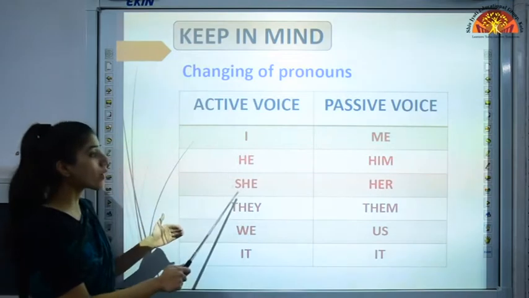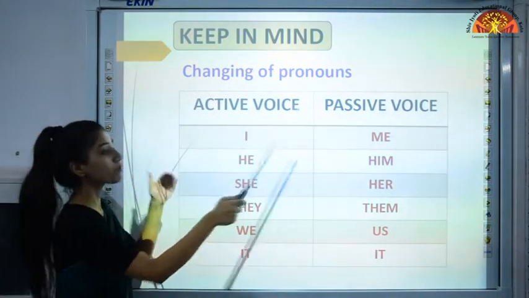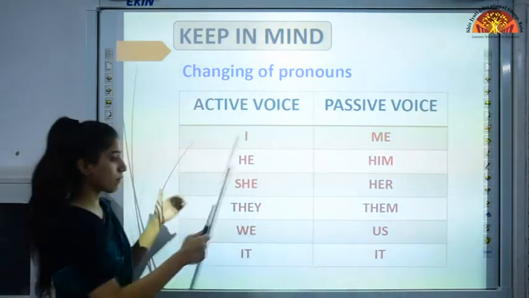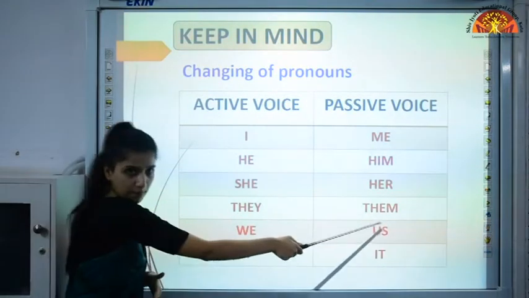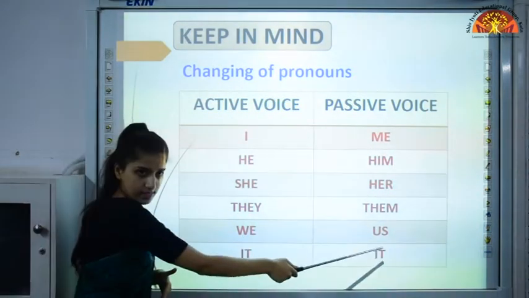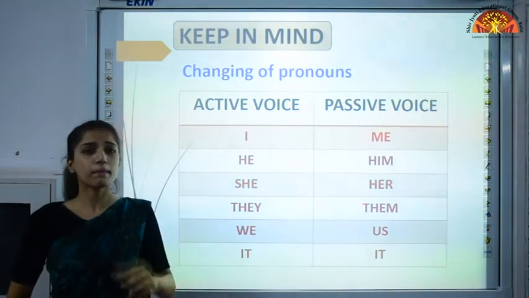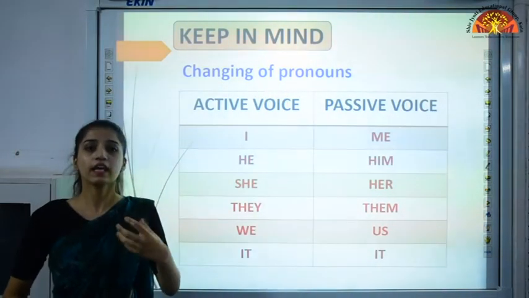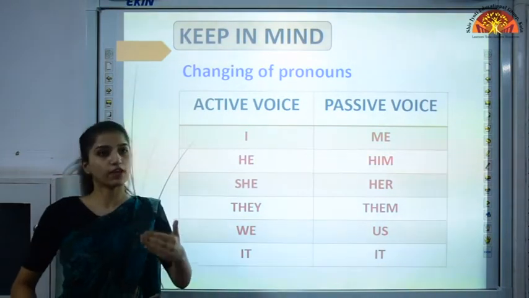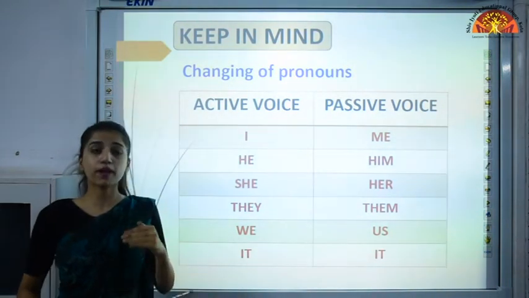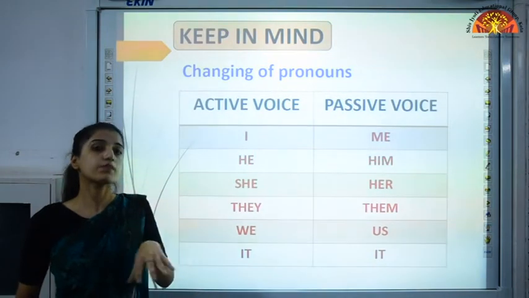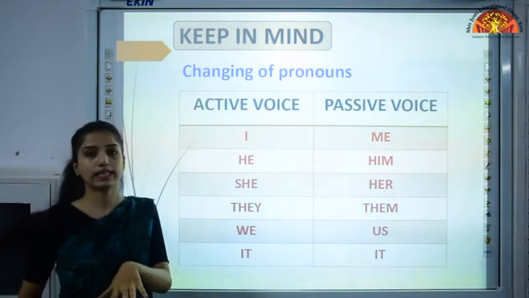If the subject pronoun is she, then the object pronoun will be her. If the subject pronoun is they, then them; we, us; and it will remain it only. And you depends on the context. If you are talking about myself, then you will be converted into me, but if I am not talking about myself, then it will remain you only.